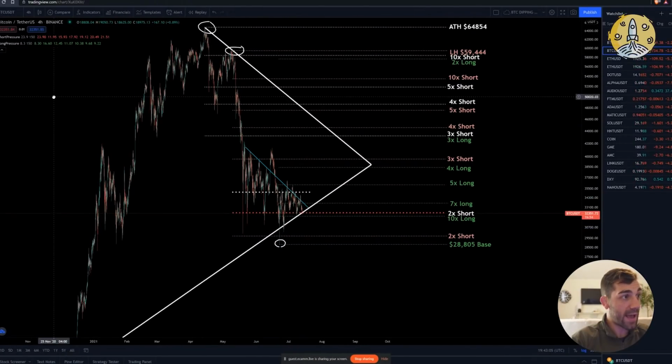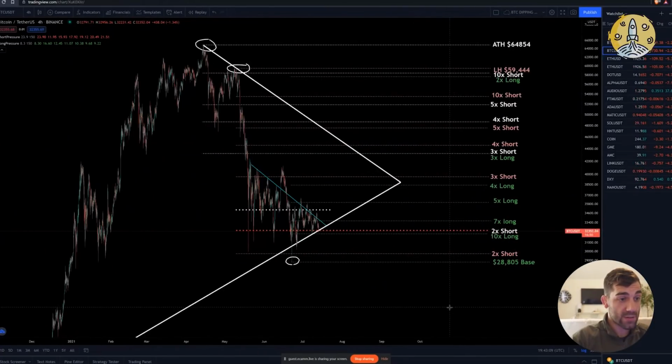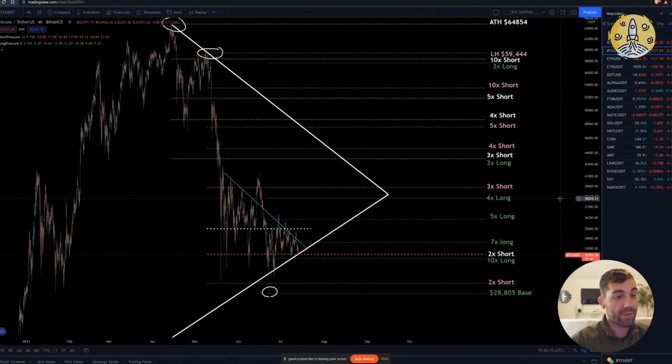Now, we can actually use these levels to trade or invest, whatever you want to do, entries and exit points. But we can look for points in which there are confluence or overlapping or clustering of these levels. So we know that we have our 10x long level. That is a very strong level because that is 10x leverage. That's a lot of capital amplification around this level, acting as support.